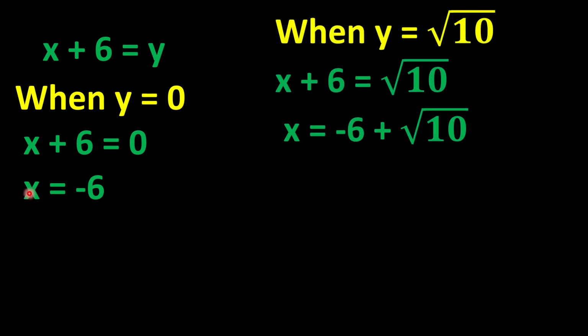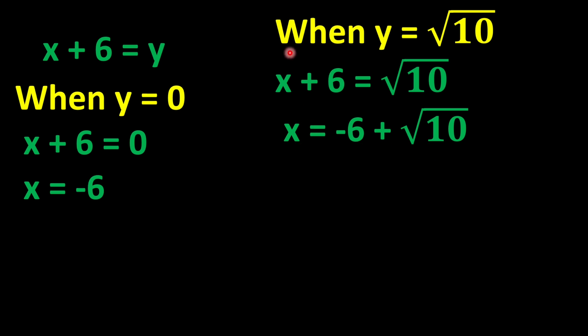Now let's put y equal to under root 10 in this equation. This equation will become x plus 6 is equal to under root 10. We send this to the other side, so x is equal to minus 6 plus under root 10. This is the second value of x.